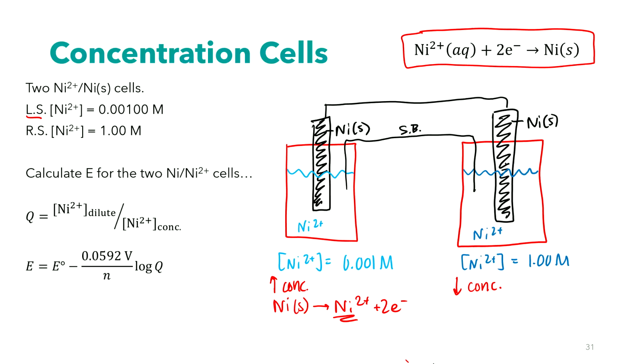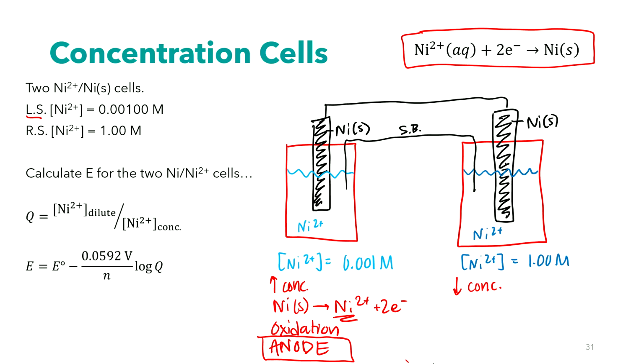So I'm going to increase the concentration of nickel 2+ on that side. Okay? So over here is oxidation. Oxidation always occurs at the anode. This is how I identify that that is the anode. I have to make more nickel 2+ there.